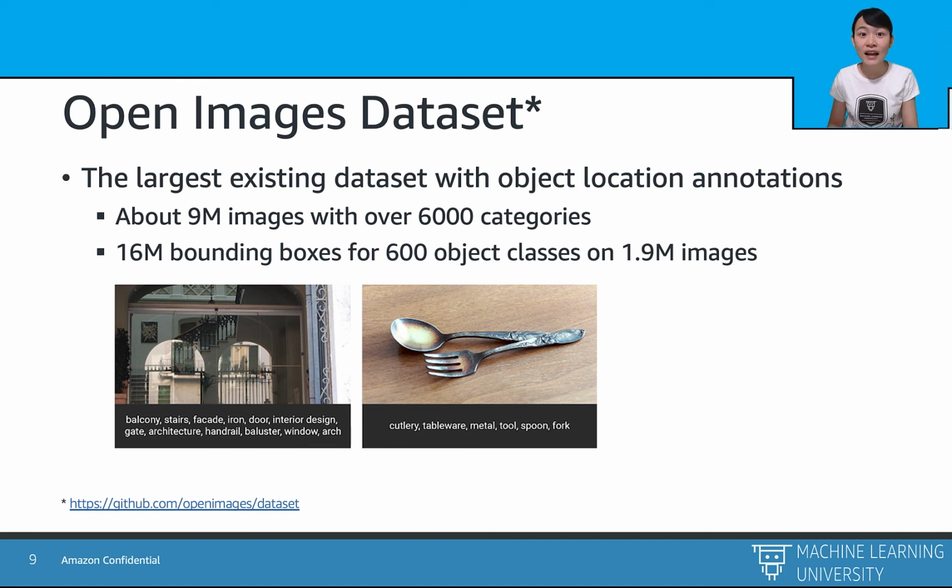Besides, it contains a total of 16 million bounding boxes for 600 object classes on 1.9 million images. What is more fascinating is that this dataset can be used for different computer vision tasks. It was annotated with image-level labels, object bounding boxes, object segmentation masks, visual relationships, and localized narratives.